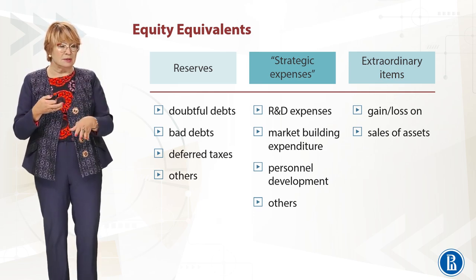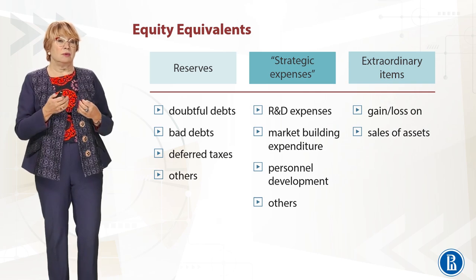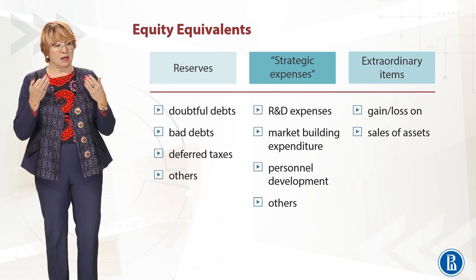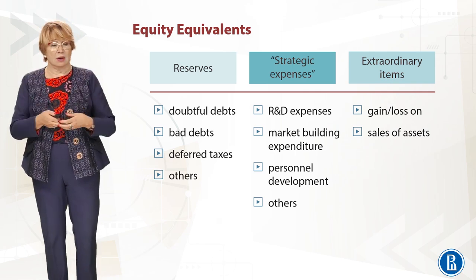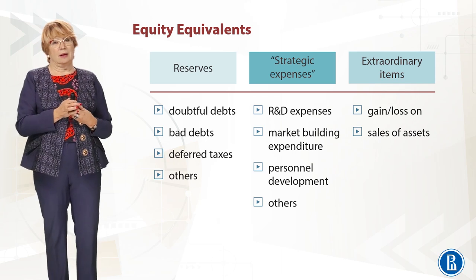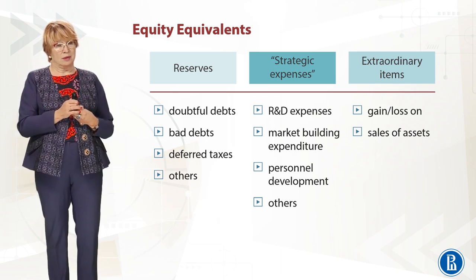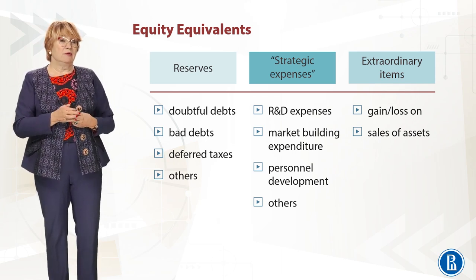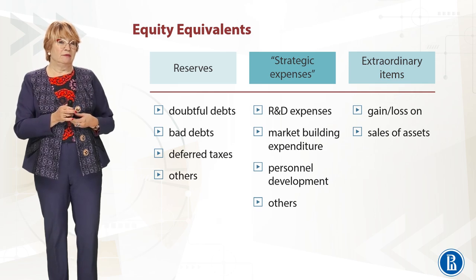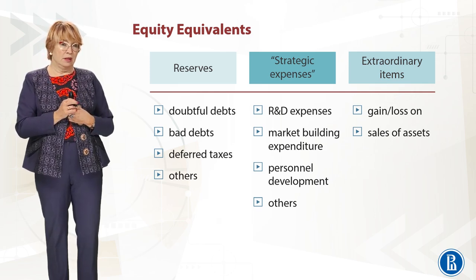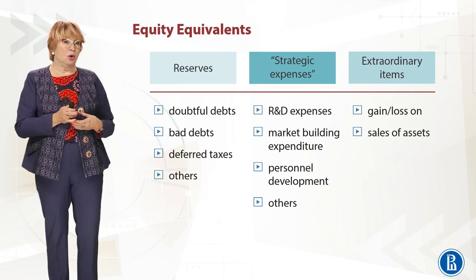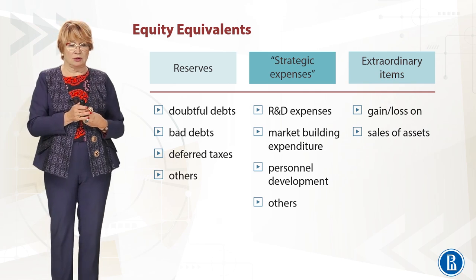You will still spend your money. So now we can say that you continue investing in your client's capital. The same logic could be applicable for your personnel development as well. R&D expenses also require very special attention.